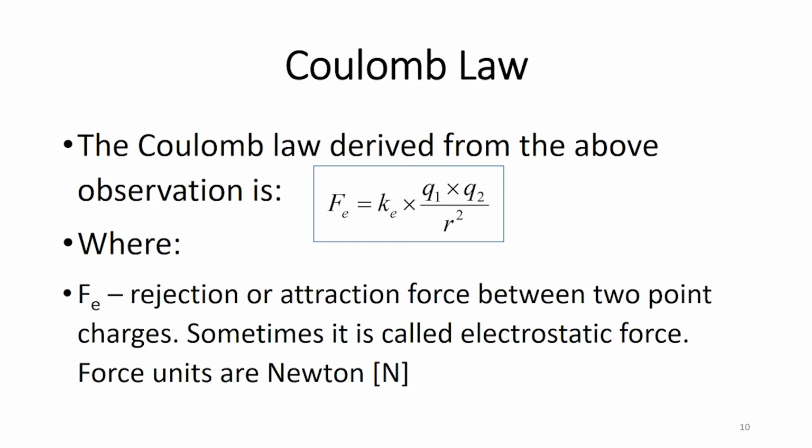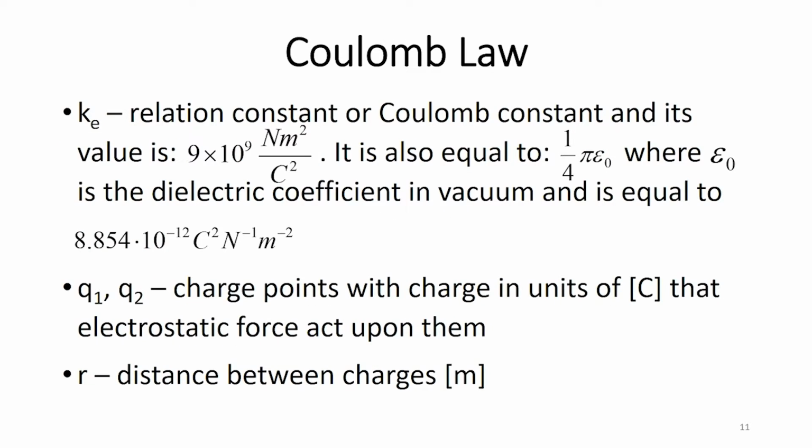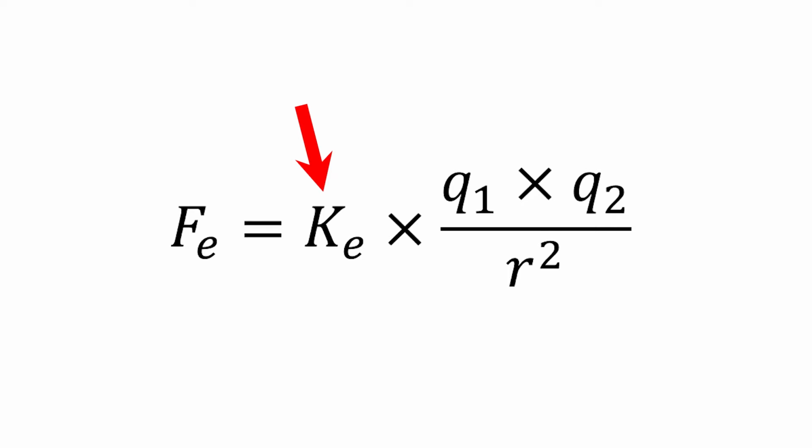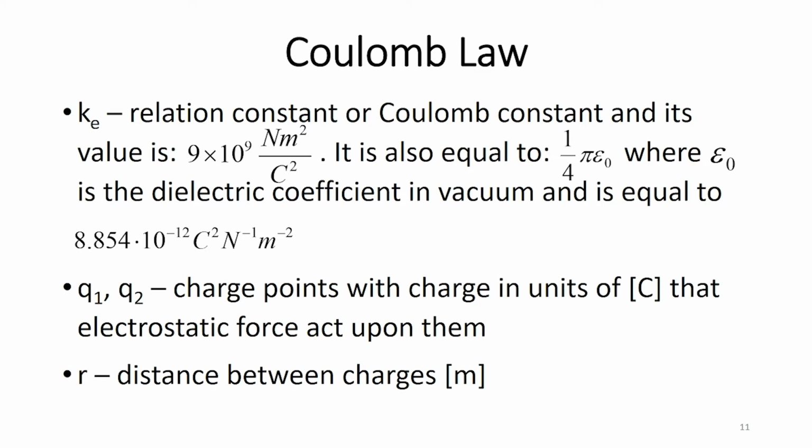Force units are Newton, designated by the letter N. Ke is the proportionality constant, sometimes called the Coulomb constant, and its value is 9 times 10 to the power of 9. It is also equal to 1 divided by 4 times pi times epsilon 0, where epsilon 0 is the dielectric coefficient in a vacuum and is equal to 8.854 times 10 to the power of minus 12.